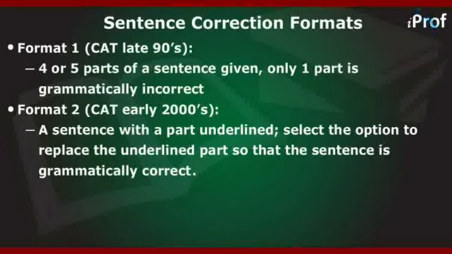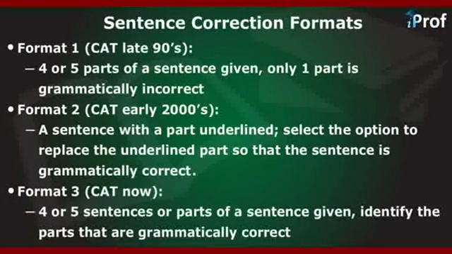CAT continued with this format for a few years before adopting the third format. This format gives you 4 or 5 sentences or parts of which only a few are grammatically correct. And of course, your job is to identify the correct parts. In this session, we will consider all the 3 formats.